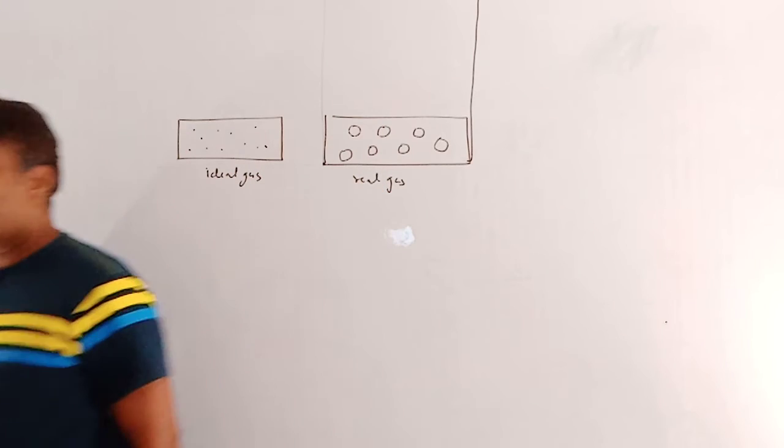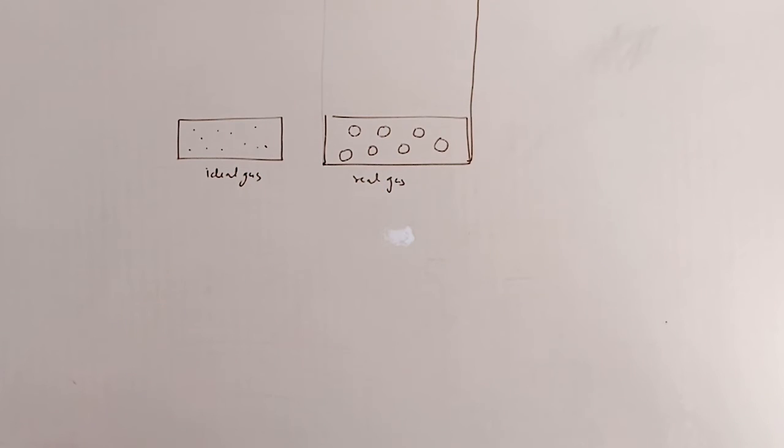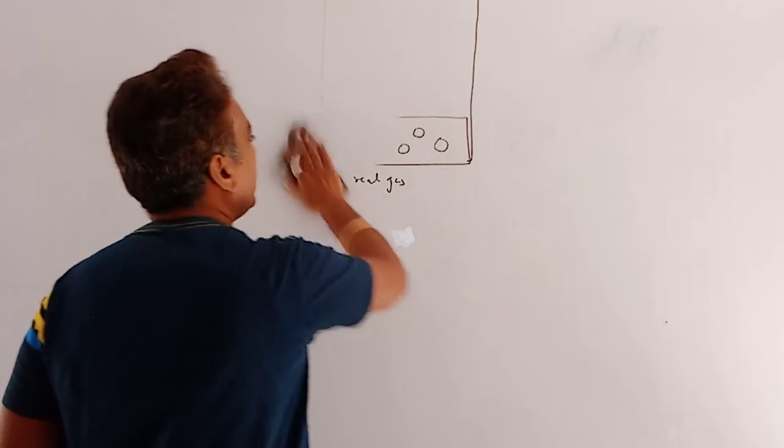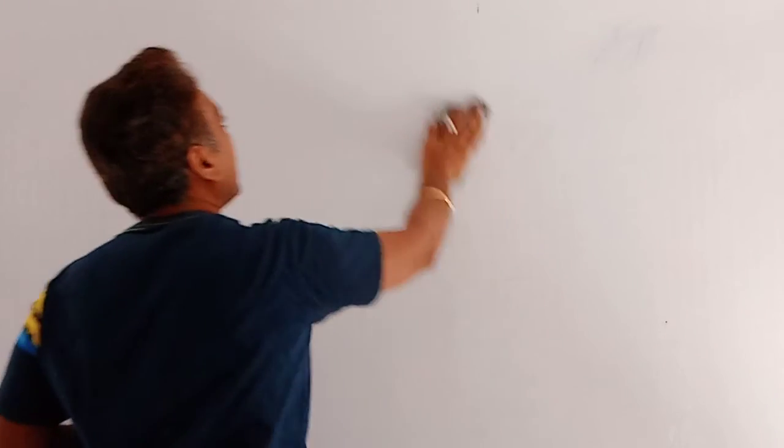Clear? So graphically it can be explained by using the P versus V diagram of real gas as well as ideal.